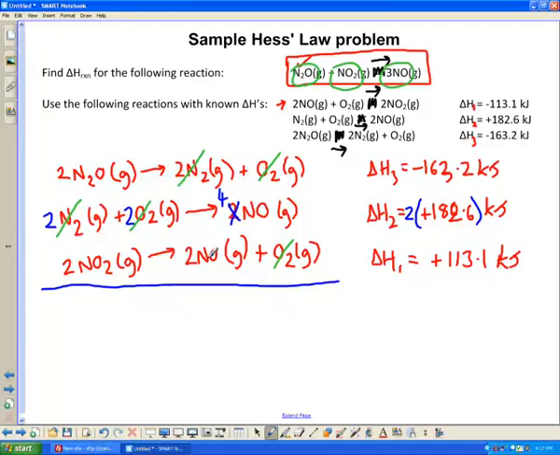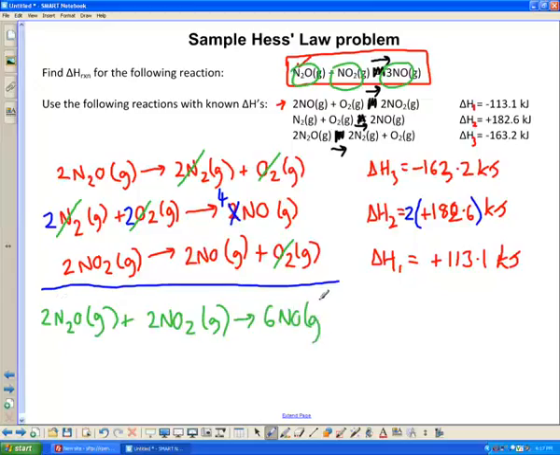We have 4NO here and 2NO here. So when we add all these together, I'm just going to write out what we get. 2N2O gas plus 2NO2 gas goes to 4 plus 2, or 6NO gas. Right?